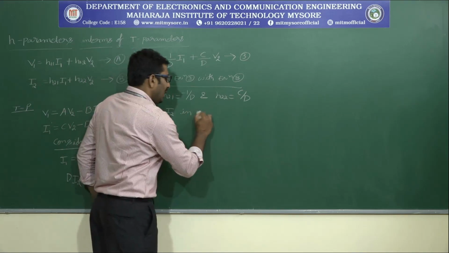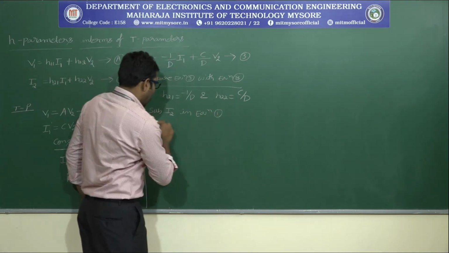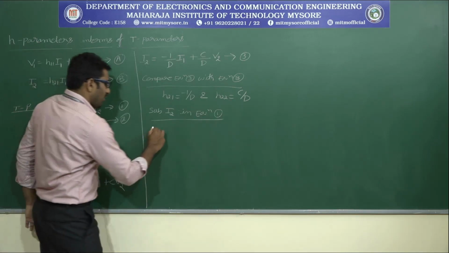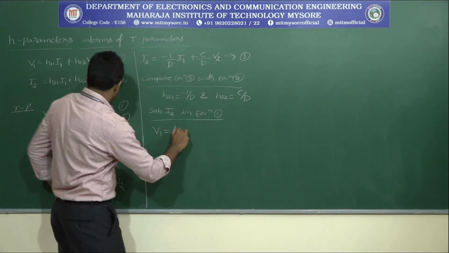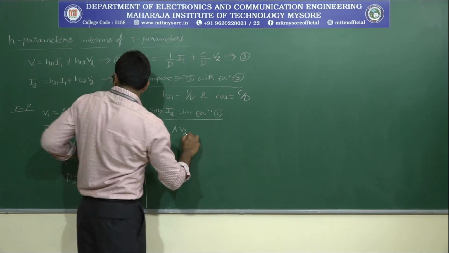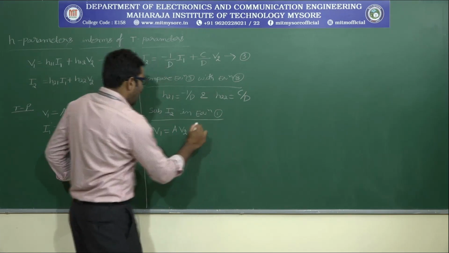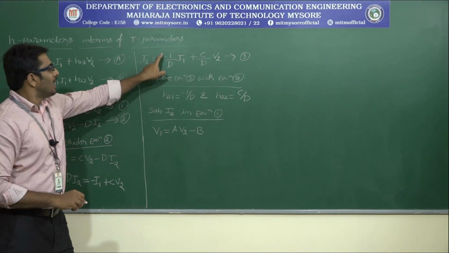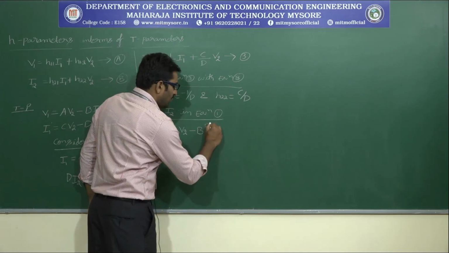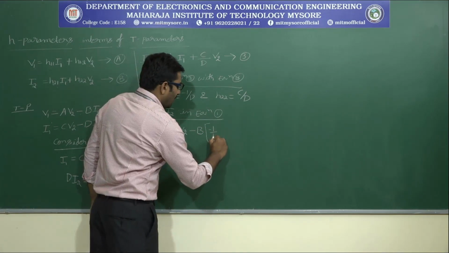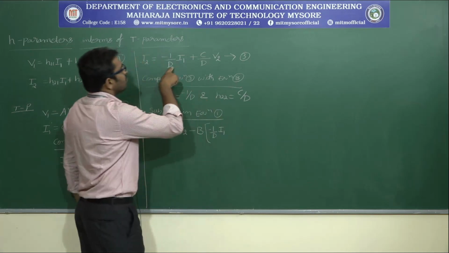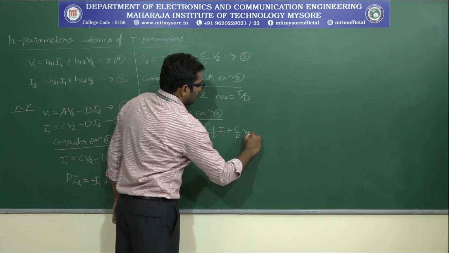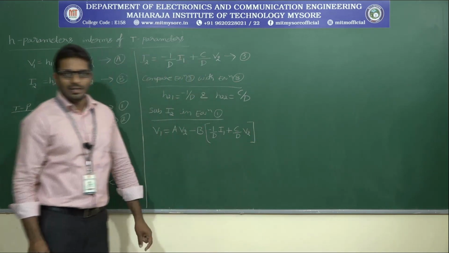Equation 1 is V1 is equal to A V2 minus B I2. But I2 is minus 1 by D, open the bracket, I1 plus C by D V2. Close the bracket. Is that clear?